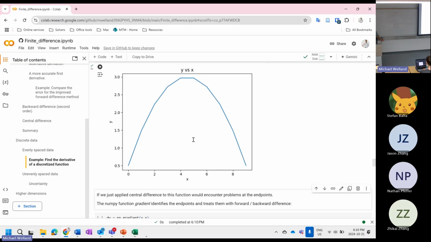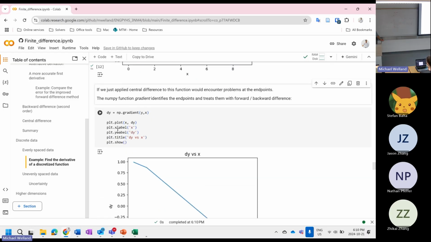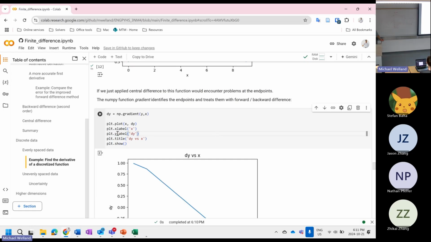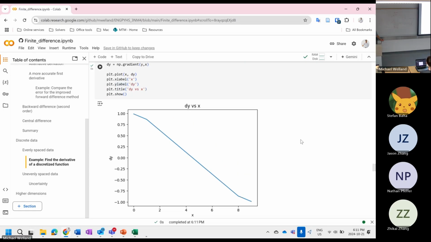So say we thought this was a parabola and we wanted to prove it using the gradient. We're expecting a straight line, the first derivative, okay? So using np.gradient, we evaluate that and we get that. Anybody guess why this isn't a straight line?